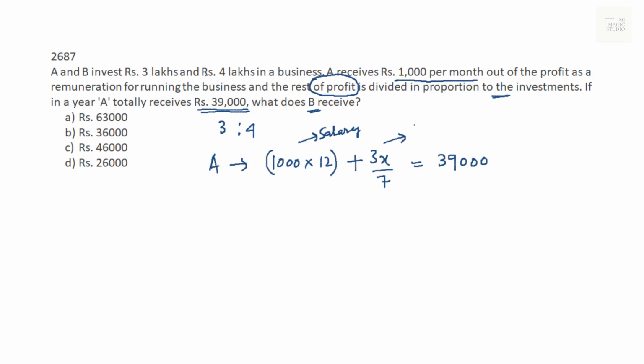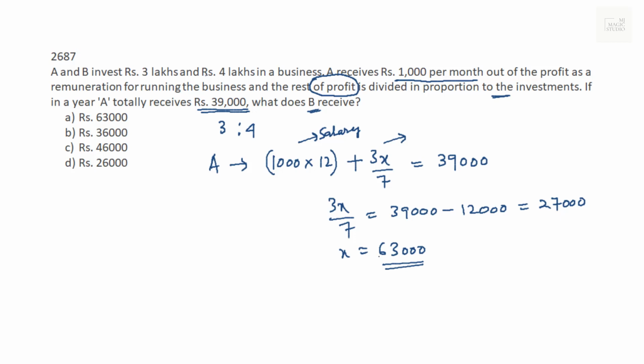Let the rest of the profit be X, which is divided into 3:4. So A should get 3x by 7. So 3x by 7 is 39,000 minus 12,000, that is 27,000. So X is, if I cancel out this, 9 into 7, 63,000.